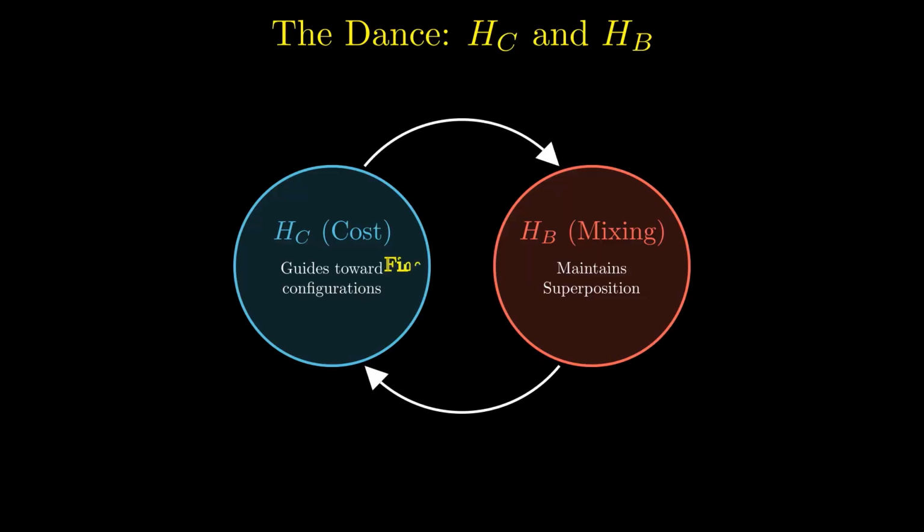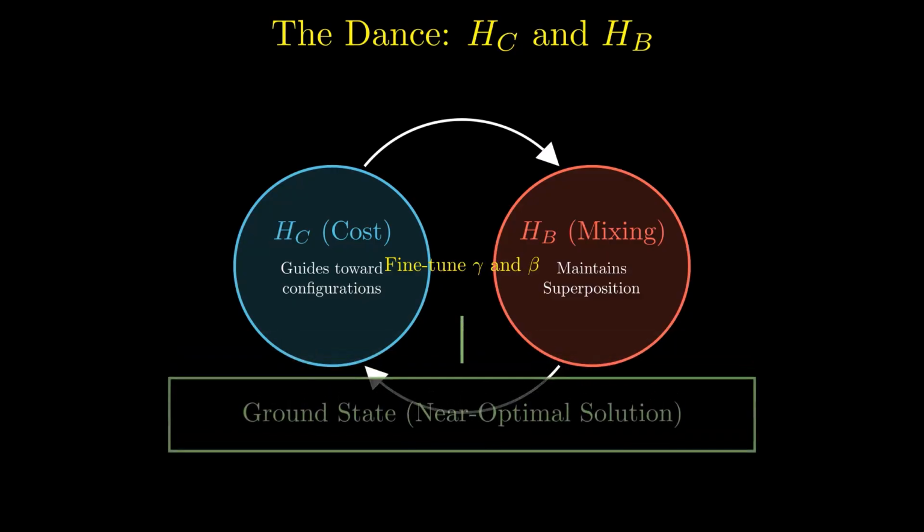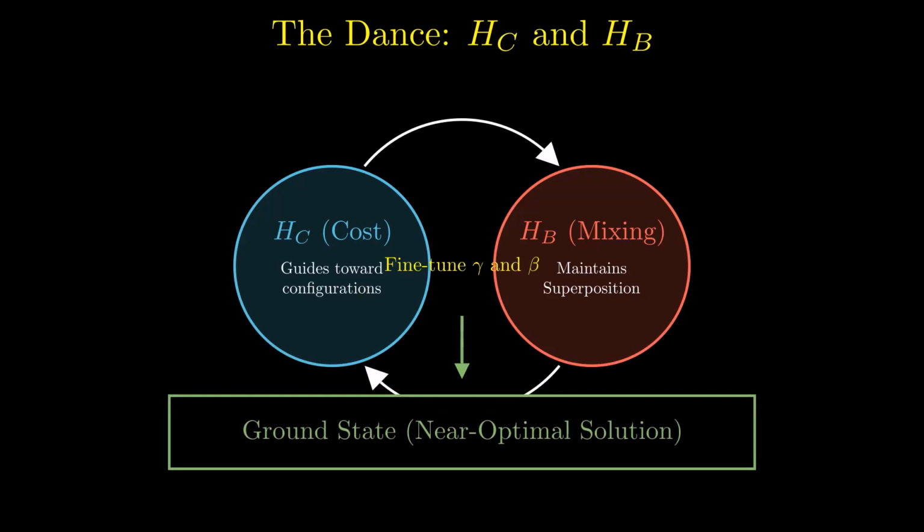By iteratively applying these Hamiltonians while fine-tuning the variational parameters gamma and beta, QAOA aims to direct the quantum system towards HC's ground state. The optimal depth P is generally determined through empirical means, balancing the need for algorithmic performance against computational resources. The ground state corresponds to the problem's optimal or near-optimal solution.